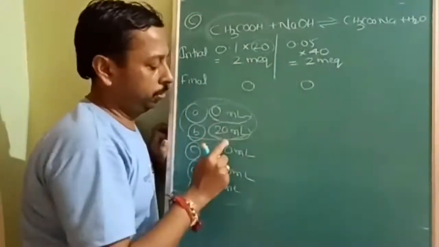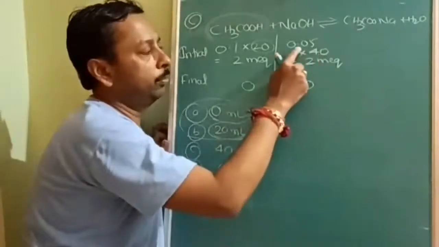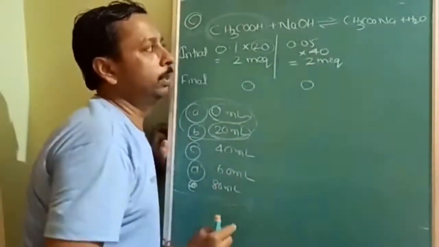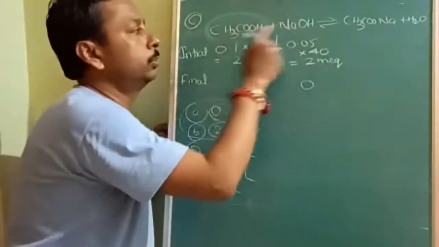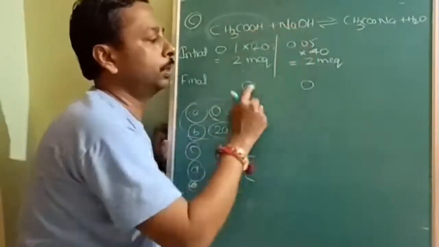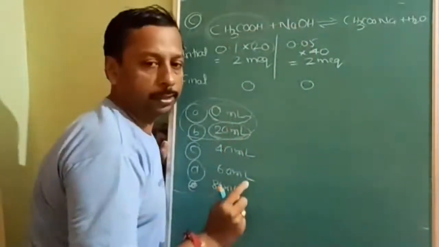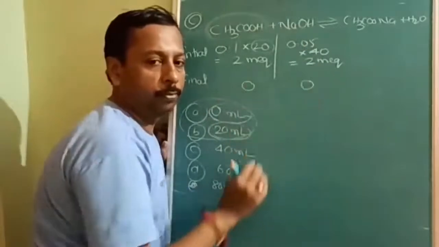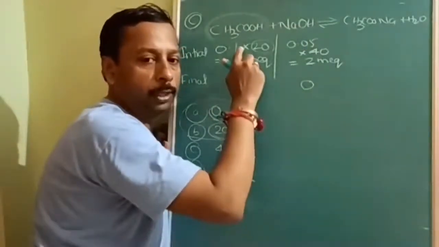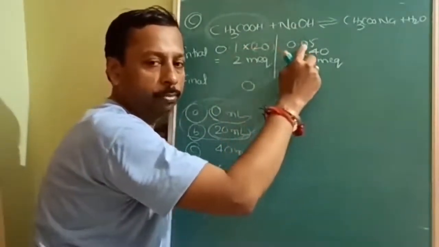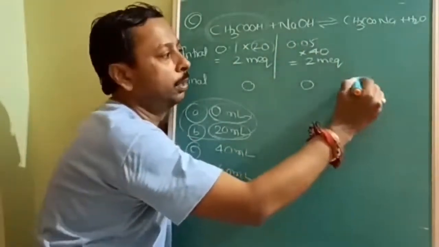Here volume we are taking 40, molarity is 0.05, 2 milli equivalent. As milli equivalents of both are same, after the reaction, nothing will be left over.